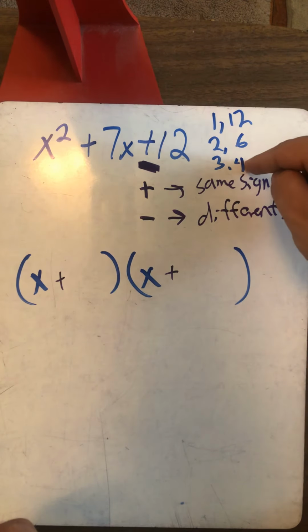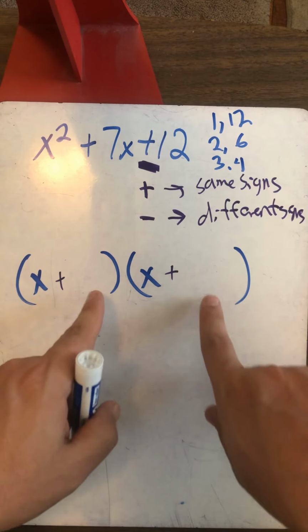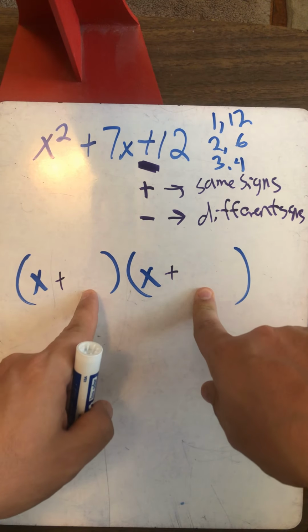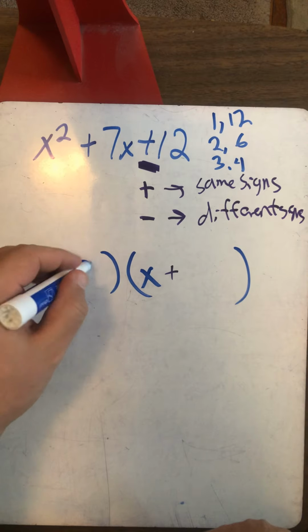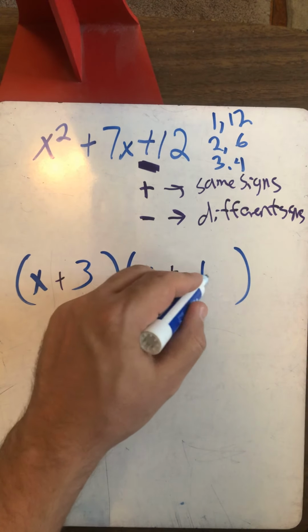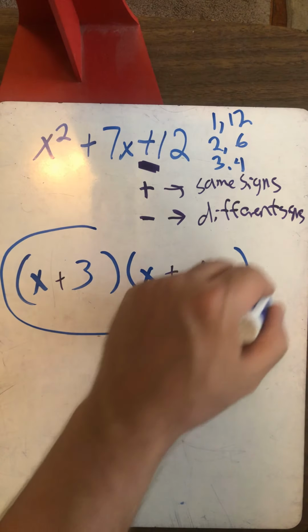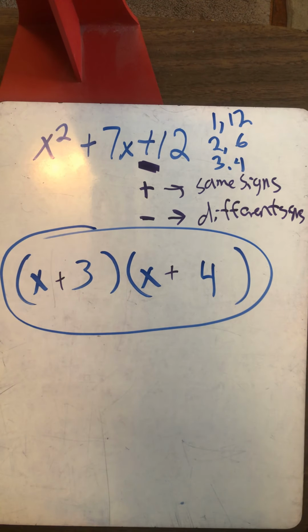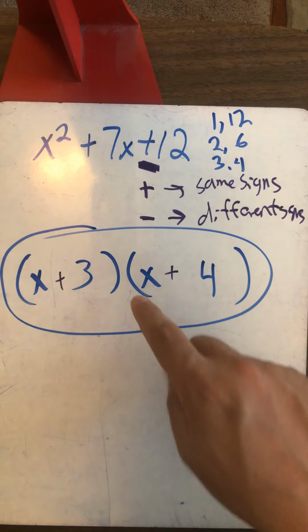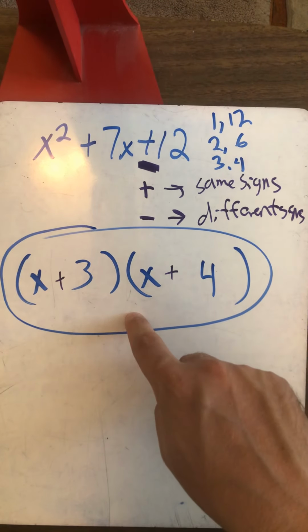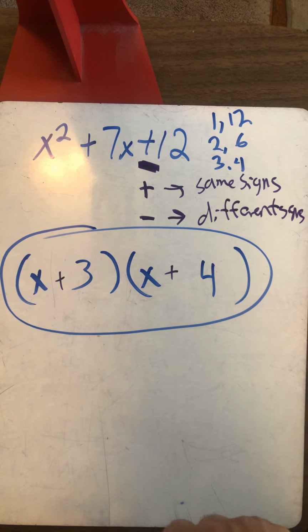Well, yeah, 3 and 4. So guess what our second term in each of these binomials are going to be? One's going to be 3. One's going to be 4. So this factors out to be x plus 3 times x plus 4. This is the answer that I am looking for. Nothing too fancy, nothing too over the top.